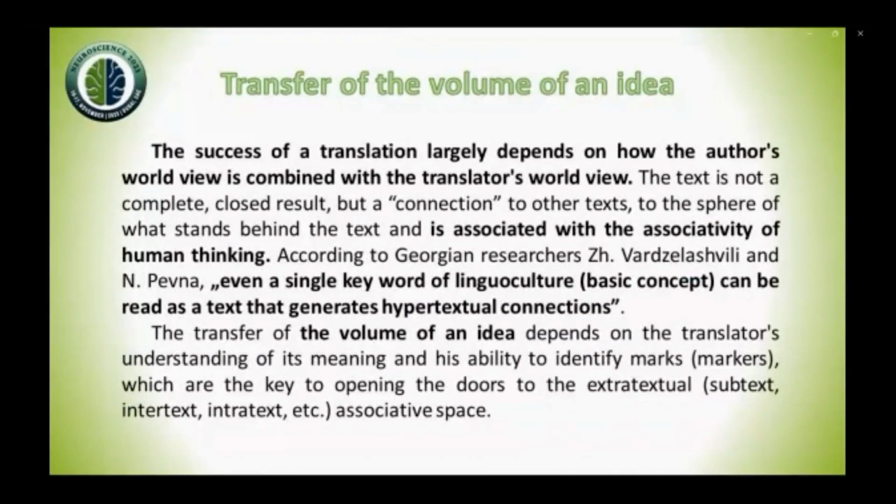The success of a translation largely depends on how the author's worldview is combined with the translator's worldview. The text is not a complete closed result, but a connection to other text, to the sphere of what stands behind the text and is associated with the associativity of human thinking.